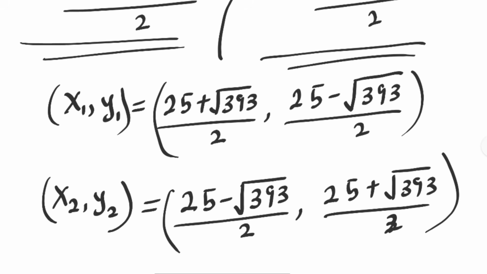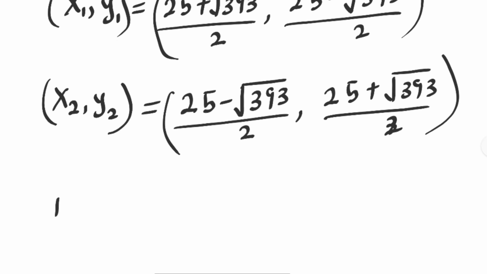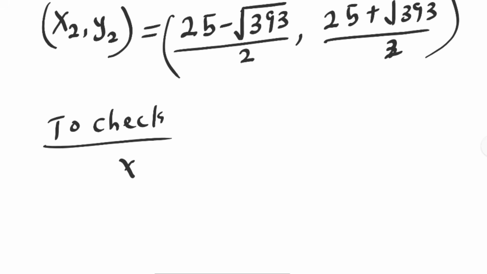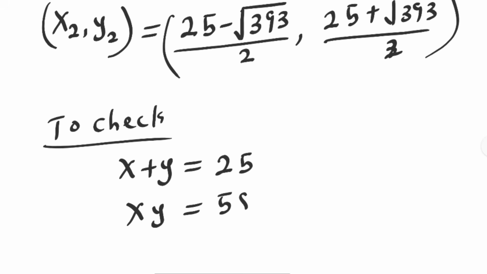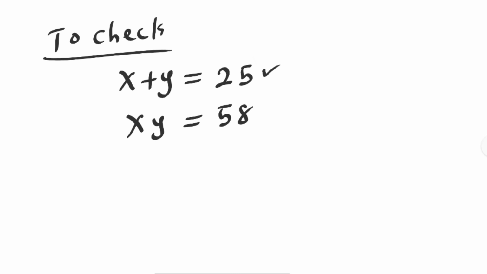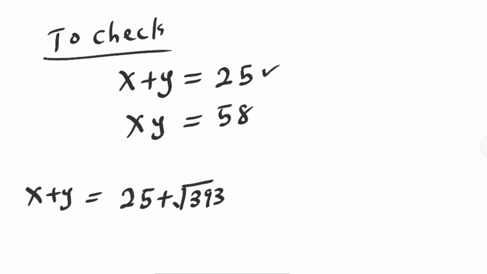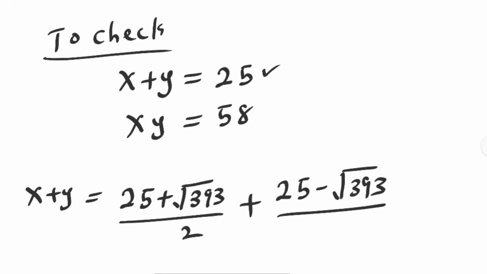We may check to confirm if this answer is right or wrong. Let's check. The given equation is x plus y is equal to 25, xy is equal to 58. Let us consider x plus y, this is 25 plus root 393 divided by 2 plus 25 minus root 393 divided by 2.